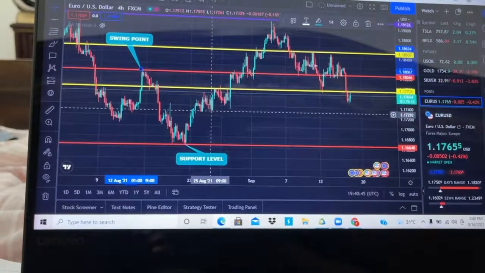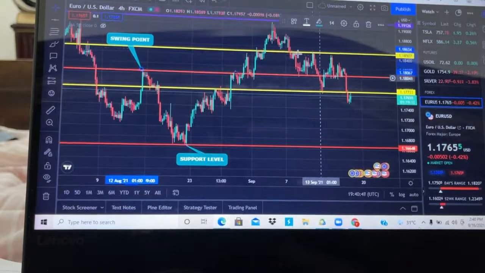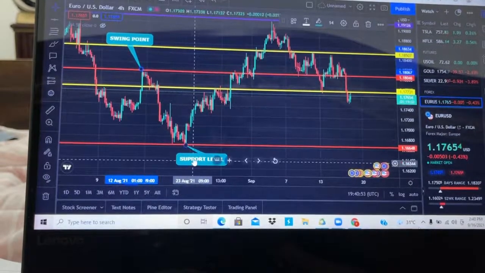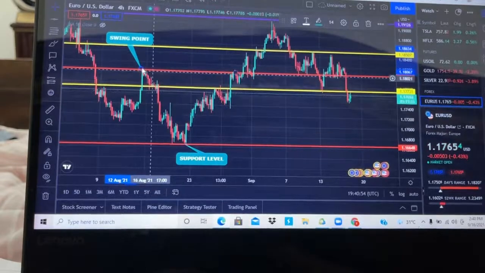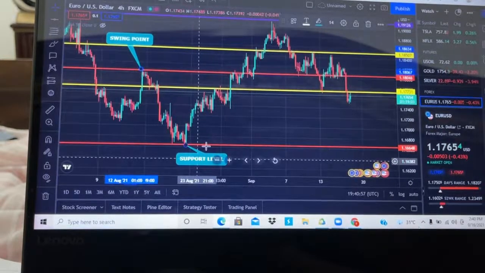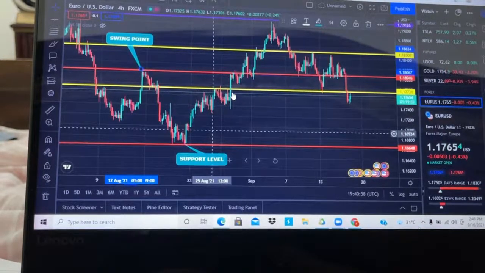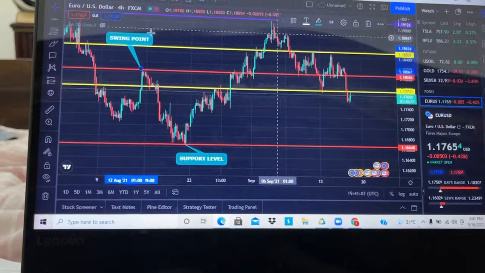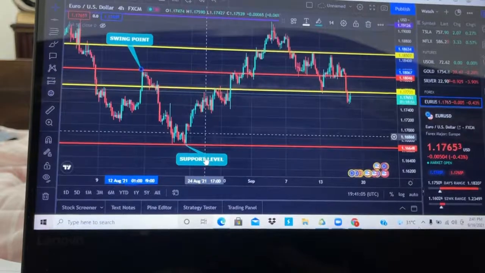So this is to the left of this information here. So at least you could have marked that information off, the swing point and the support. Now, because the market moves from left to right, you are now looking for the new swing point and the new support.